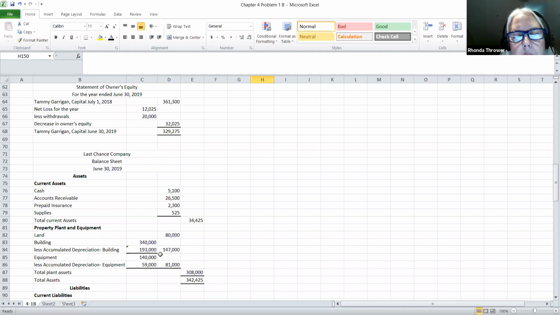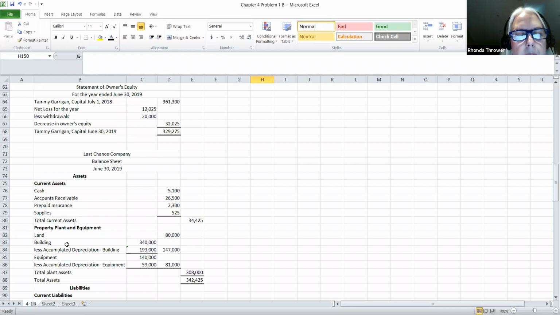So the book value of the building account is the difference between the accumulated depreciation and the cost of the building. So the building cost minus the accumulated depreciation will give you $147,000. That's the book value and must be recorded on your balance sheet. This is the only balance that is not up in your adjusted trial balance.